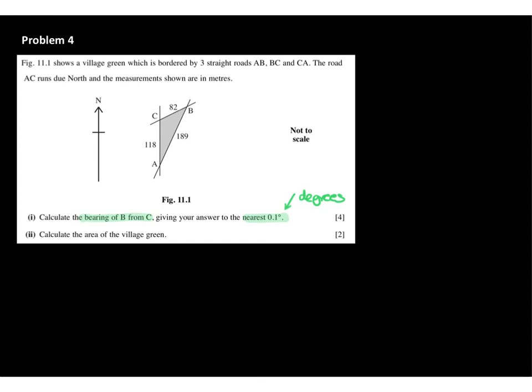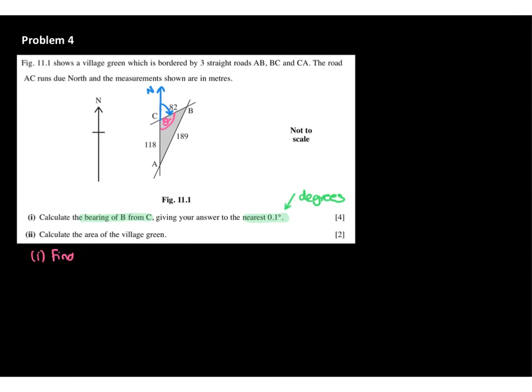So the bearing of B from C, that means we start from the north line here at C and we've got to work out this angle here, and that's the bearing. Now, the easiest way for us to do that would be to work out this angle here, theta, and then subtract it from 180 degrees. So that's what I'm going to do. First of all, for part 1, I'm going to find theta.